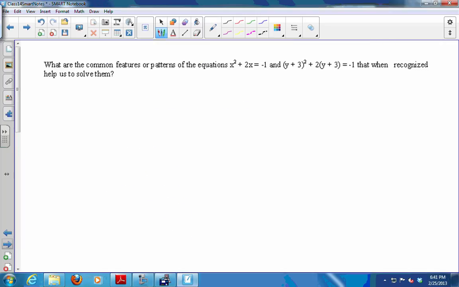So the thing that we recognized is that the coefficients here were a 1 and a 2 and a -1. So these key pieces were the same. So that helped us use the easier equation to solve the harder one.